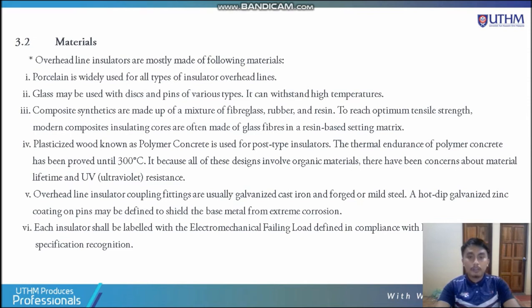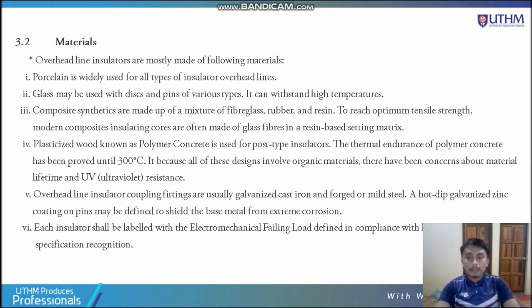It can withstand the high temperature. And third is composite synthetic made up of a mixture of fiberglass, rubber and resin. To reach optimal tensile strength, modern composite insulating core are often made of glass fiber in a resin-based setting matrix.